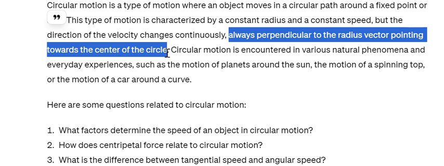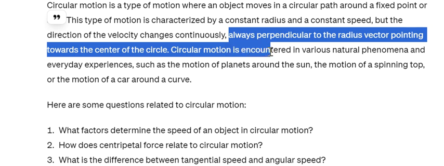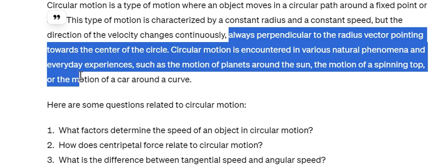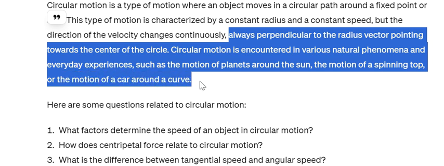So the velocity is always perpendicular to the radius of the circle, which is always pointing towards the center. Circular motion is encountered in various natural phenomena and everyday experiences, such as the motion of planets around the sun, the motion of a spinning top, or the motion of a car around a curve. So there are some examples of circular motion.